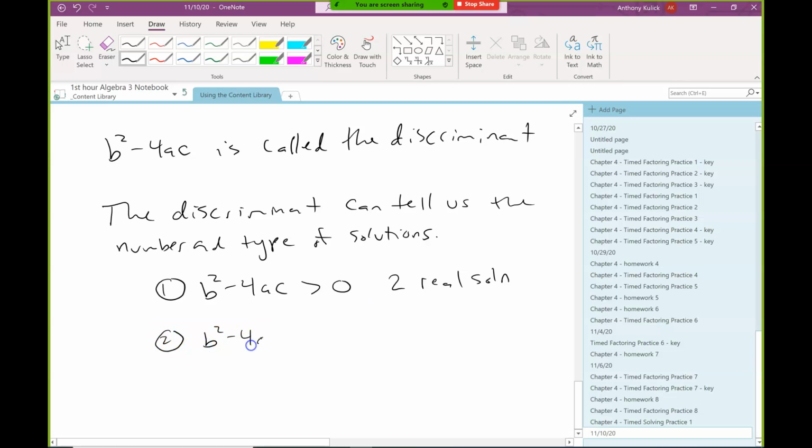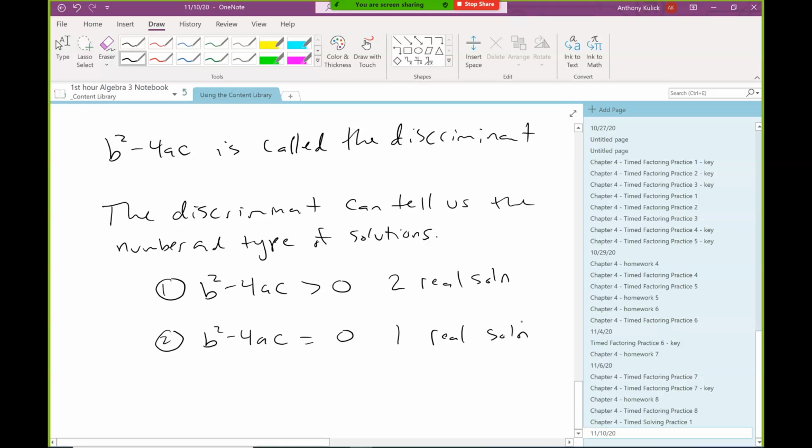If the discriminant is exactly 0, we're going to have 1 real solution. And really by that, what I mean is I'm going to get the same solution twice. If you remember, sometimes when we factor, we get things like x plus 2 times x plus 2. We've had that happen a couple of times. You guys remember that happening?